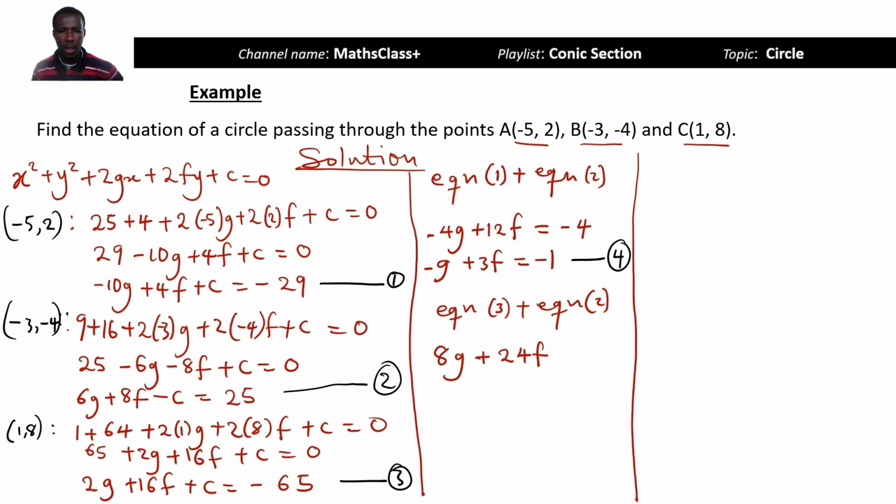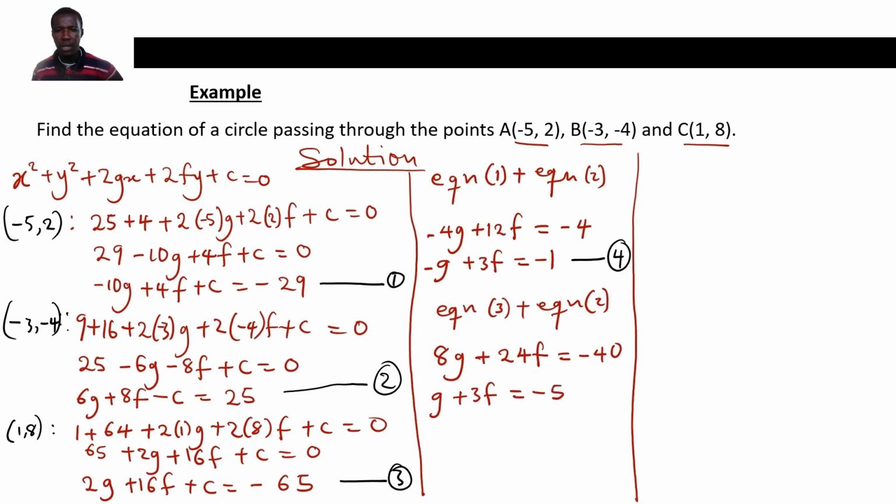Then c minus c will go away. And then negative 65 plus 25 will give me negative 40. So if I divide through by 8, I'll get g plus 3f is equal to negative 5. And that will be my equation 5.